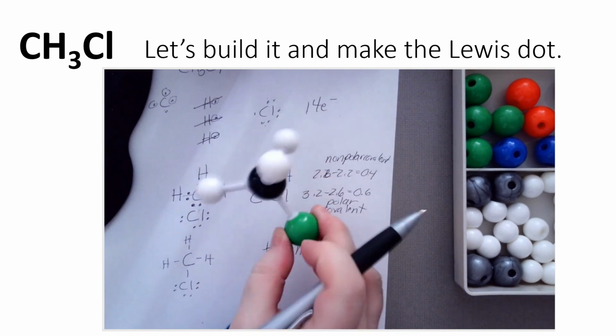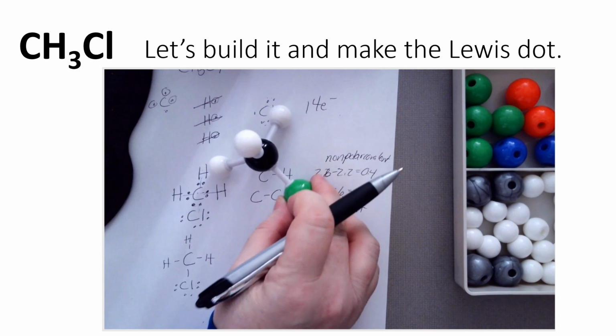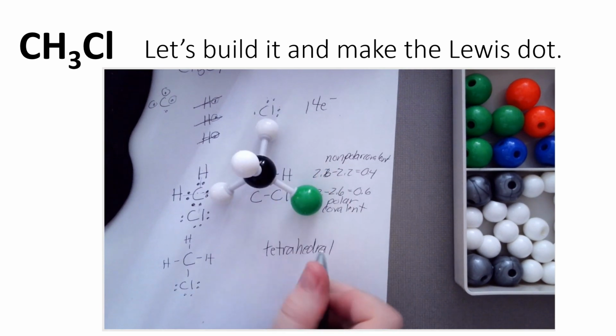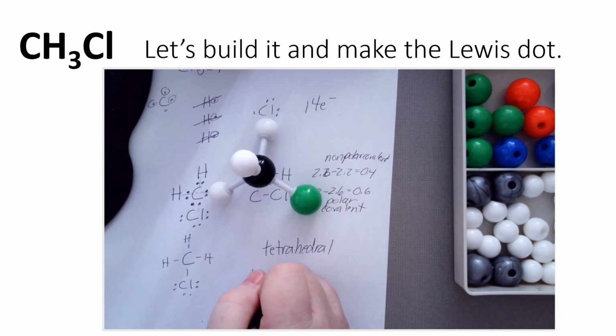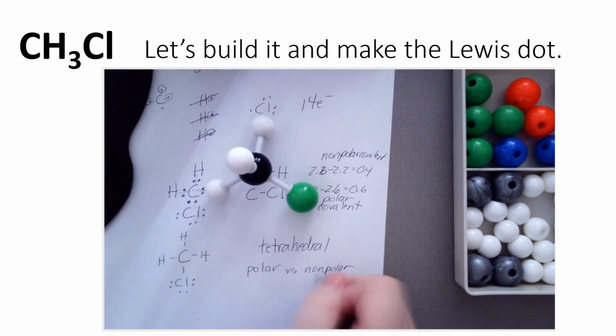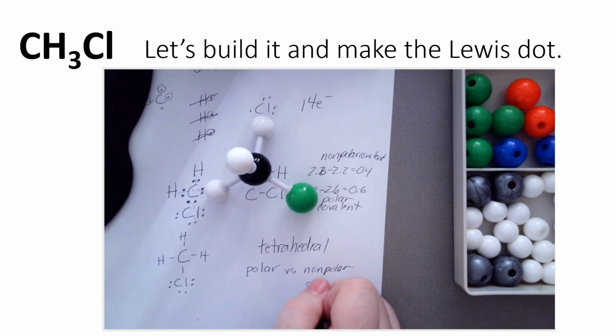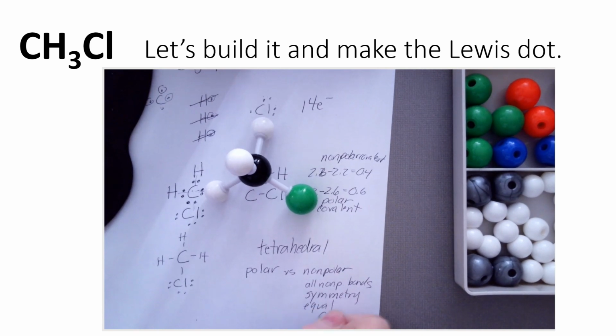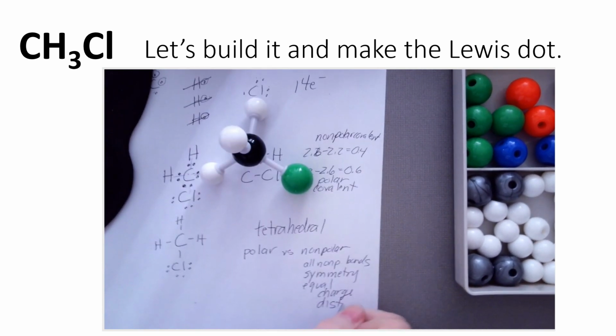And this molecule can either be polar or non-polar. So when we're looking for polar versus non-polar, non-polar could be all non-polar bonds. It could have symmetry and equal charge distribution.